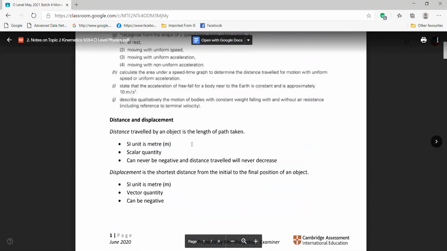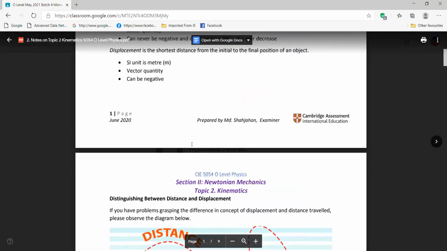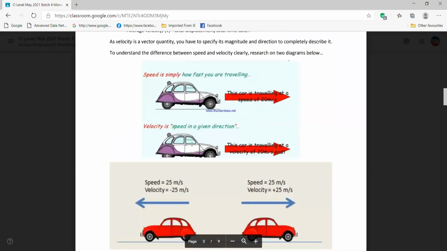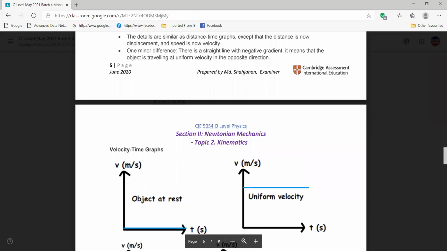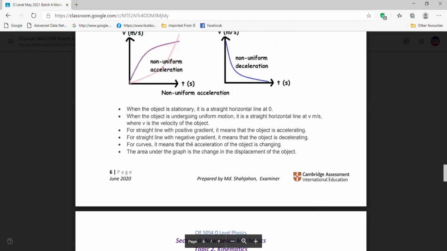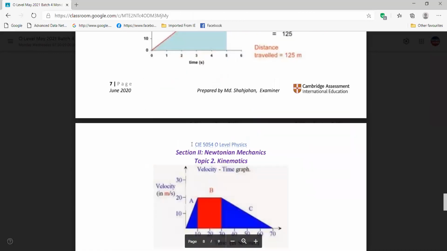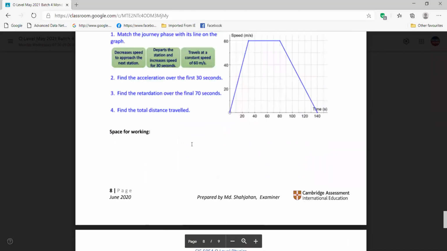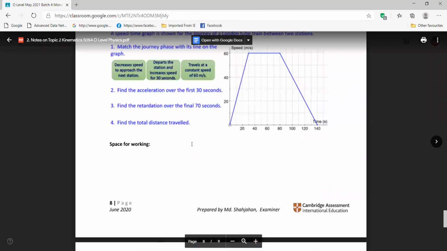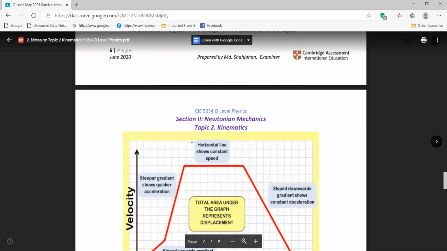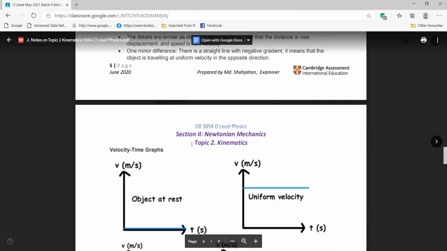Without going through all these things, we cannot solve the worksheet. If you say that yes, you are confident enough about these notes, you have all these ideas, then we can go for the worksheet. As you told me that you are done with all these things, we can just try page number 7.